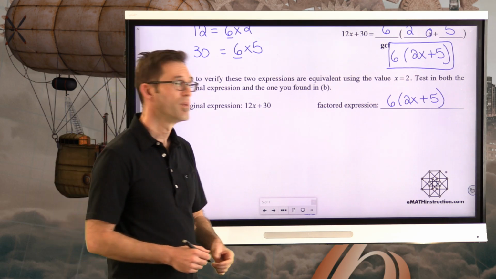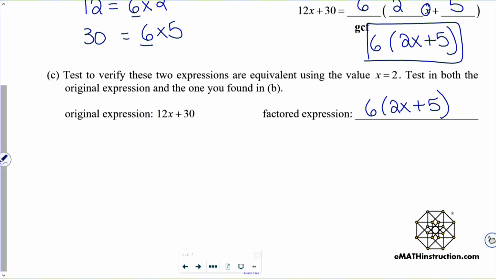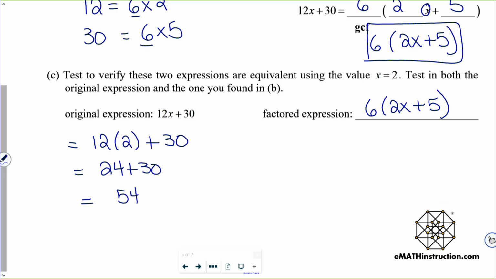All right, let's do it. So over here, our original expression, we're putting in 2 for x. 12 times 2 is 24. Then I've got to do the addition. Order of operations is so key, right? And I get 54. Now I hope I also get 54 over here.